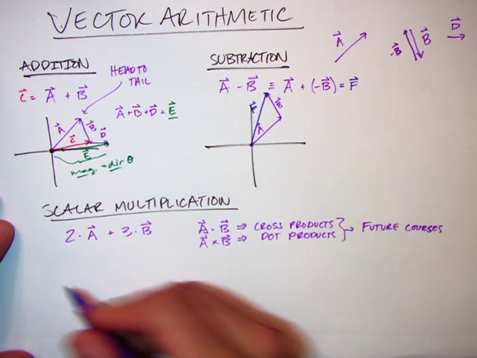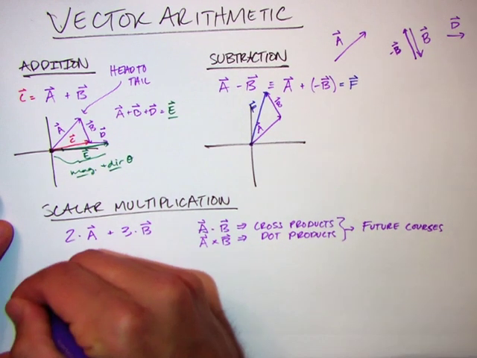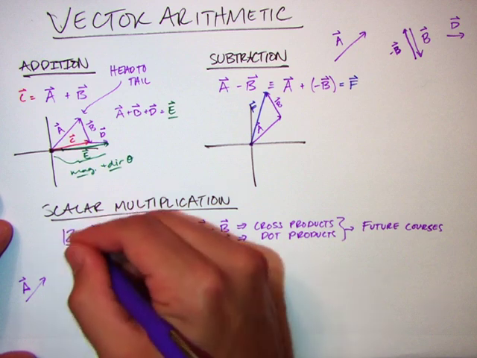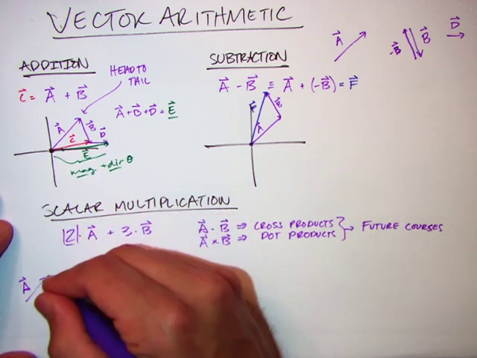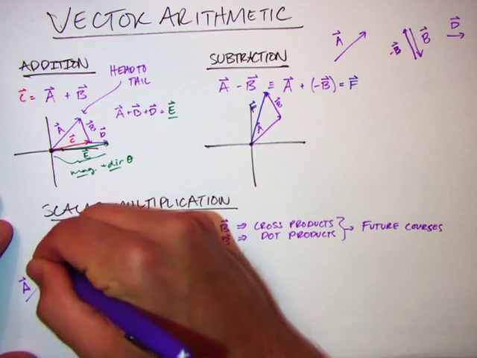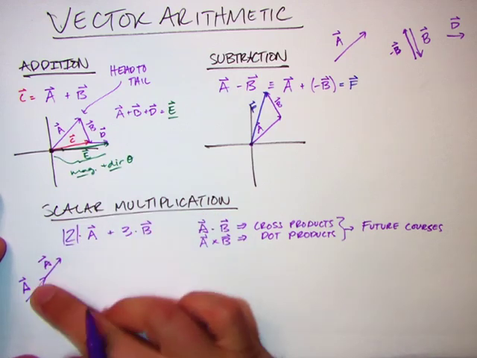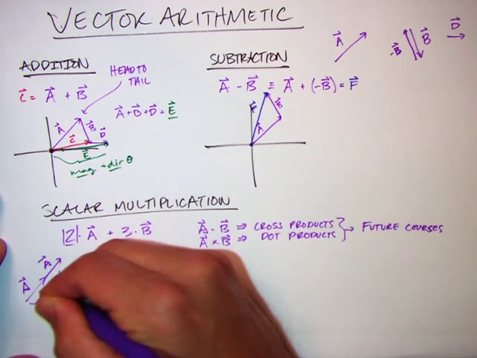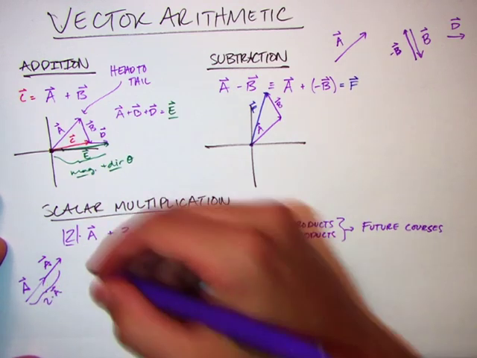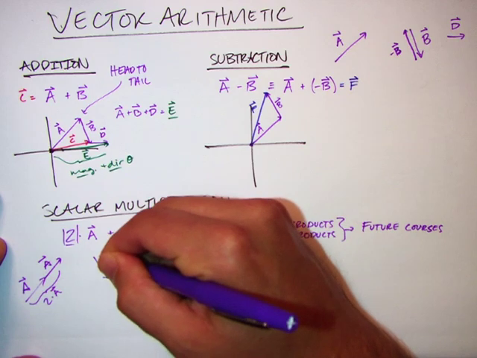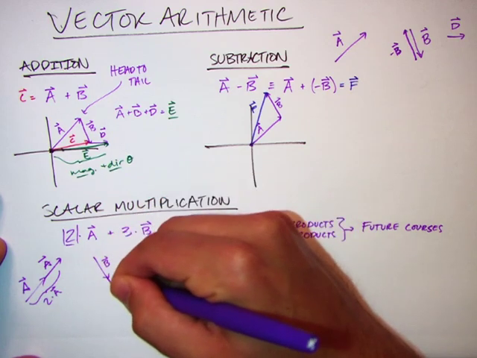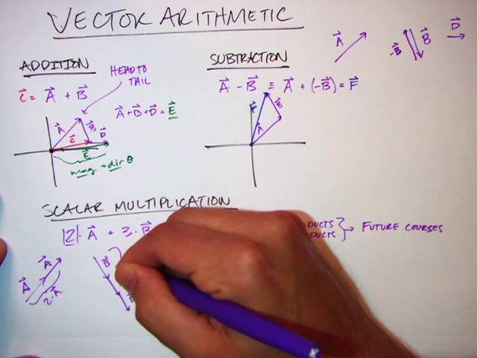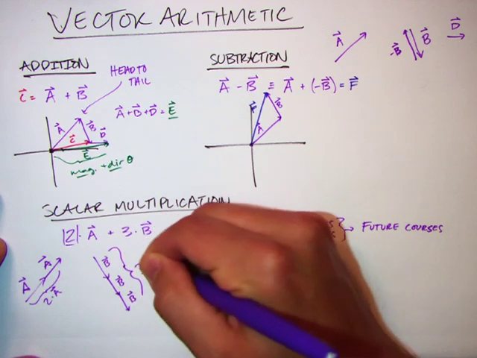So 2 times A, if this is vector A, the scalar product, so 2 is just a quantity, 2 times A, all I do is double A. So I add an A on top of an A. So this is my vector 2 times A. And 3 times B, take vector B, and I just triple it. 3 B's. So this new vector is vector 3 times B.